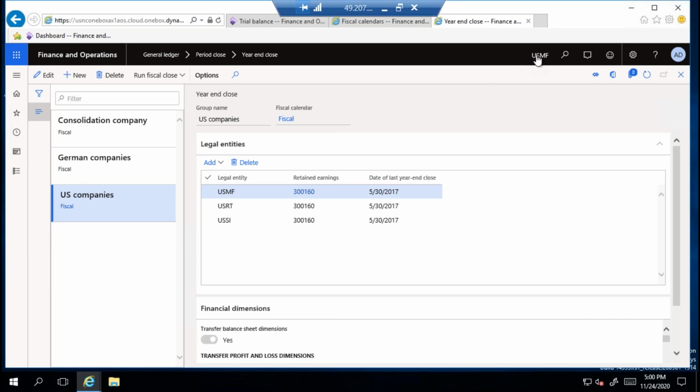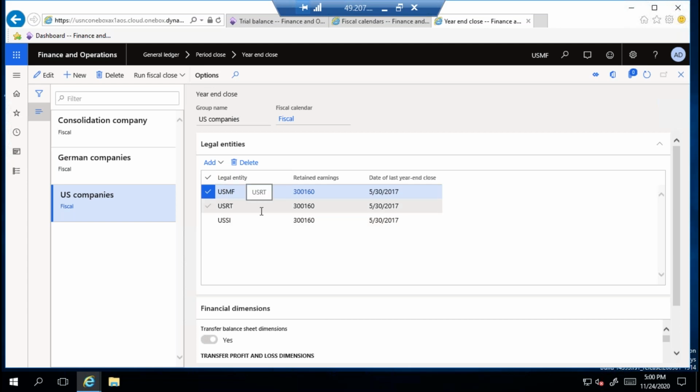In 2012, in USMF you can run only for USMF. But in D365, even if you are in USMF, if you have permission for other legal entities, then you can execute this year-end process for other legal entities also.